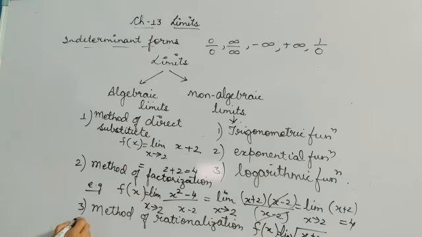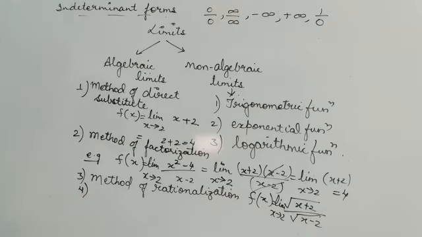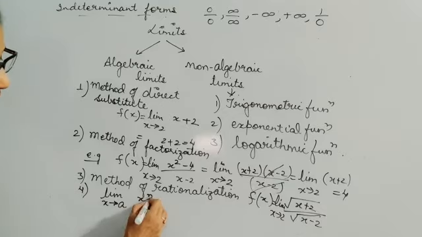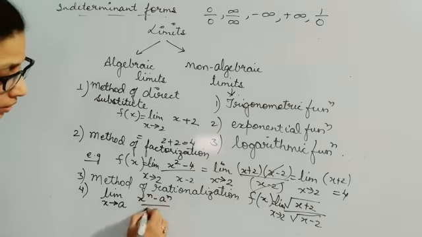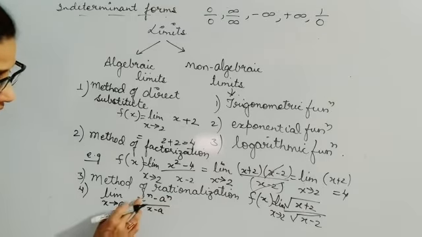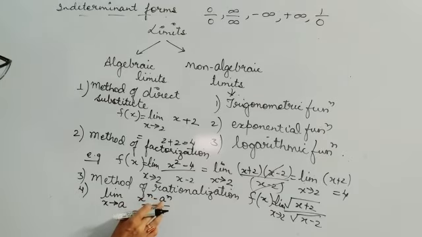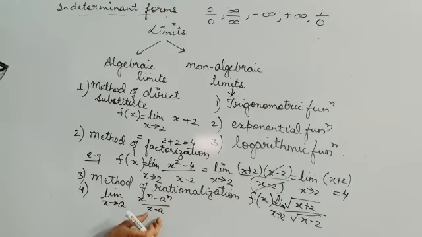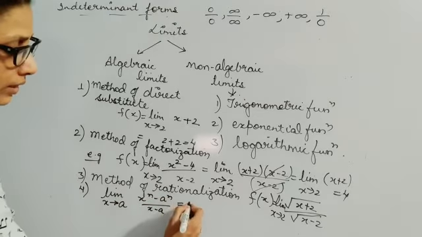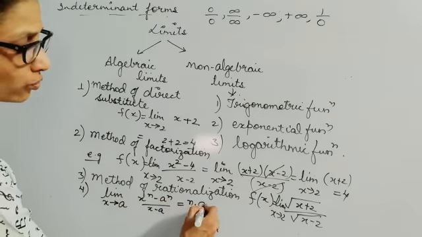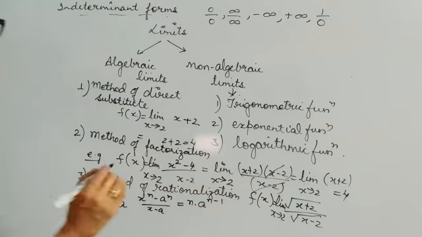Now the fourth method is using the formula. The formula is: limit x tends to a, if you have a function of the form x raised to power n minus a raised to power n, over x minus a, then you can directly write it as n into a raised to power n minus 1.